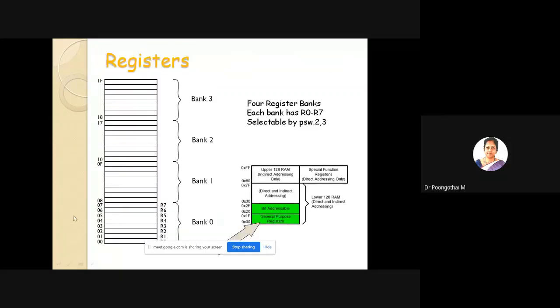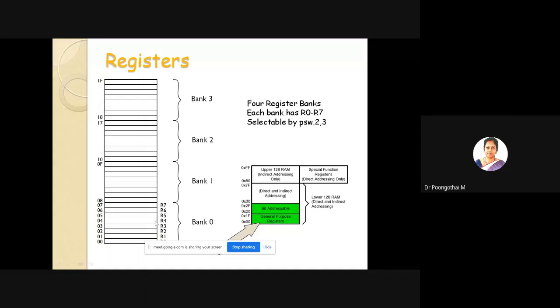First is the general purpose register. The 8051 has 4 register banks, bank 0, bank 1, bank 2 and bank 3, and each bank consists of 8 registers, R0 to R7.